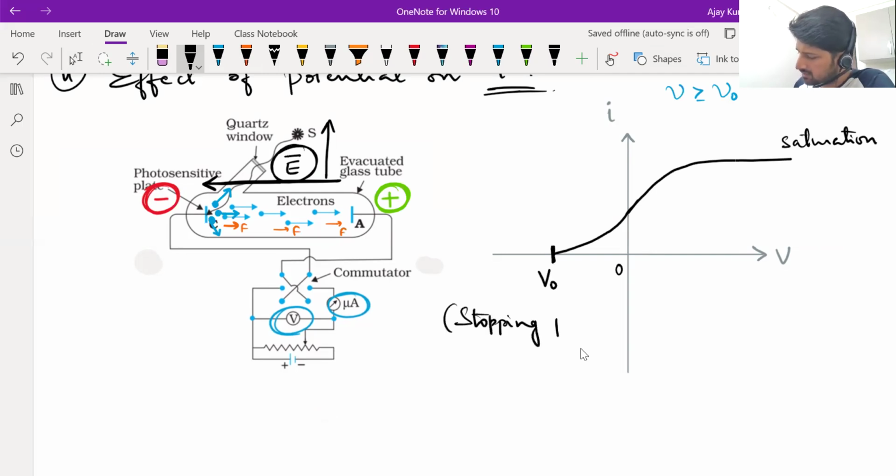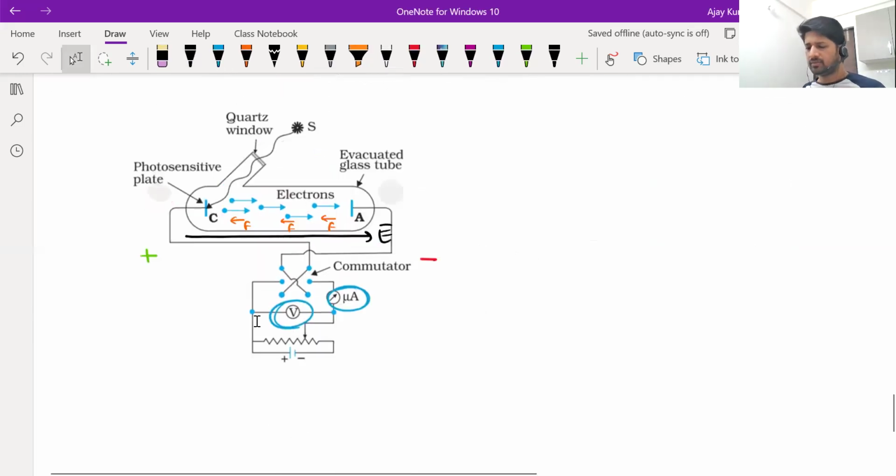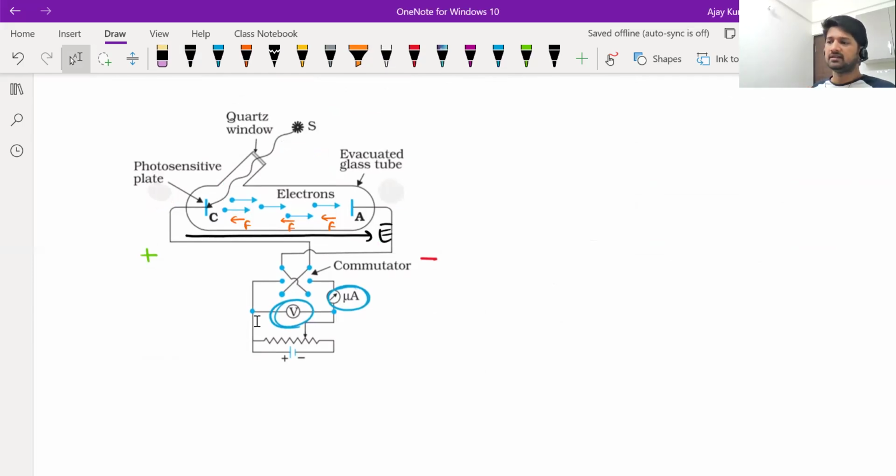Very important term in this chapter. Okay, so basically when you switch the terminals, when you make collector low potential and emitter high potential, the electric field generated will prevent the electrons from going to the collector. It will oppose the photocurrent. And when it is strong enough, it can stop the photocurrent altogether.